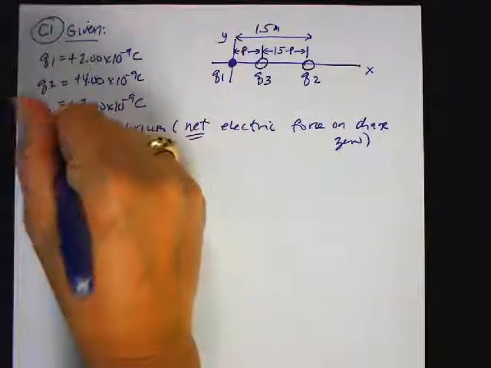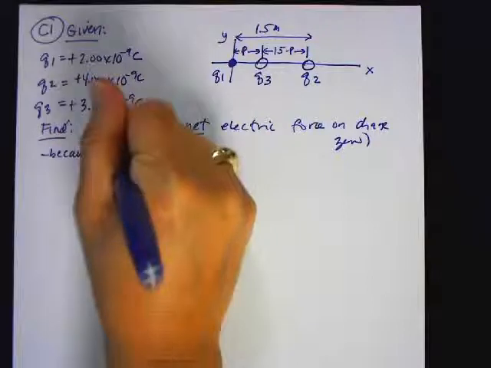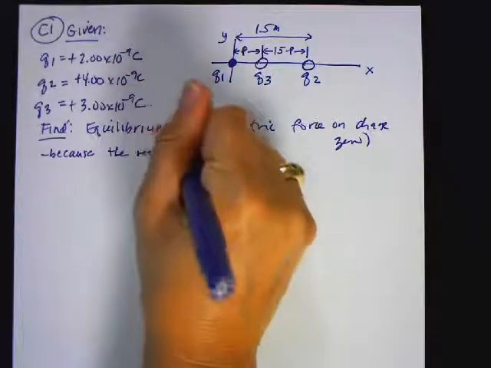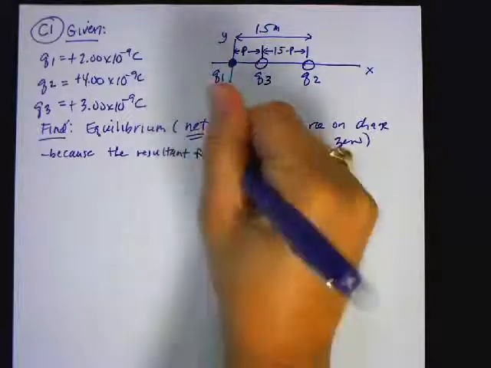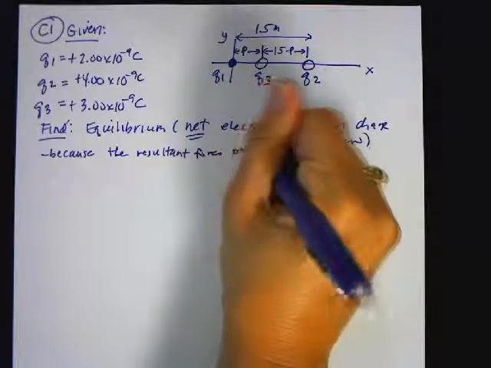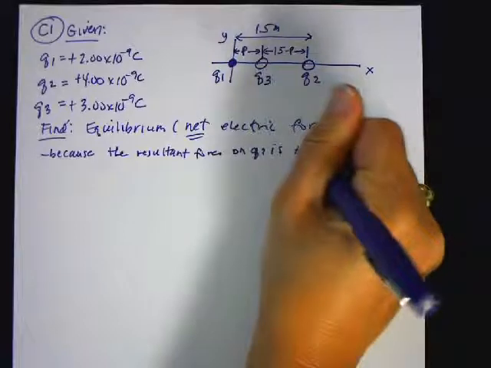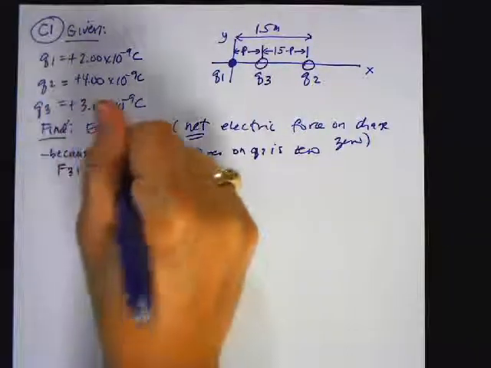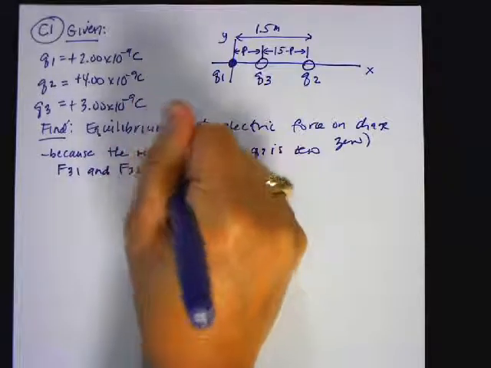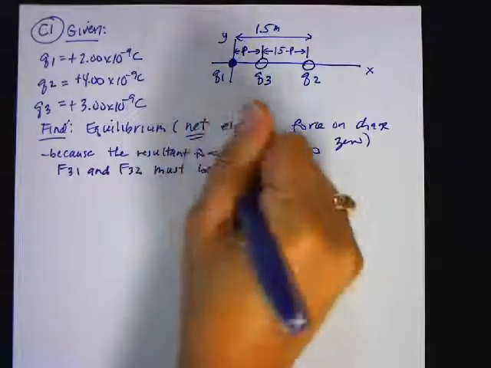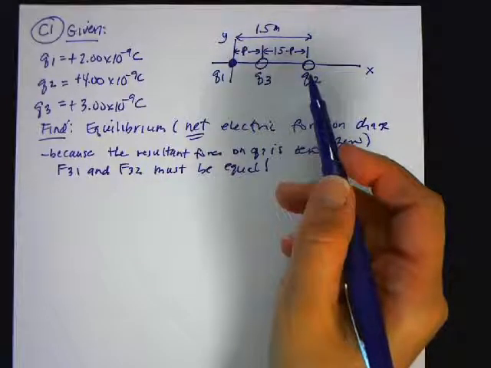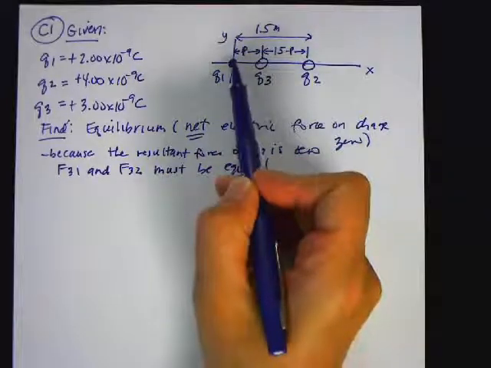Now, what does equilibrium mean? So because the resultant force on Q3 is 0, F31 and F32 must be equal. That would give us equilibrium. So what that means is that here's Q1.